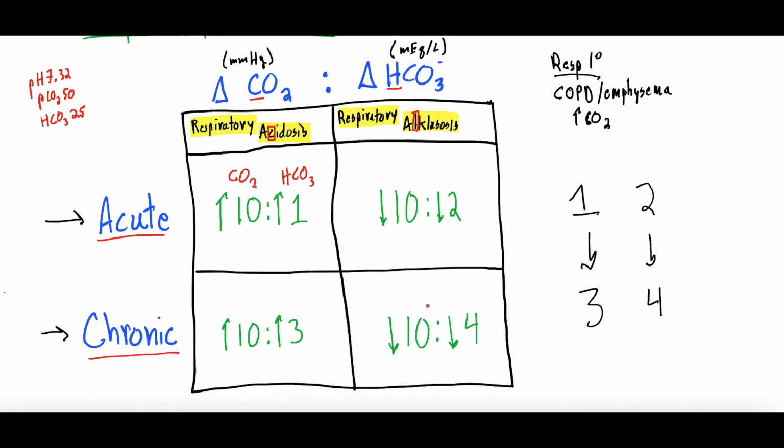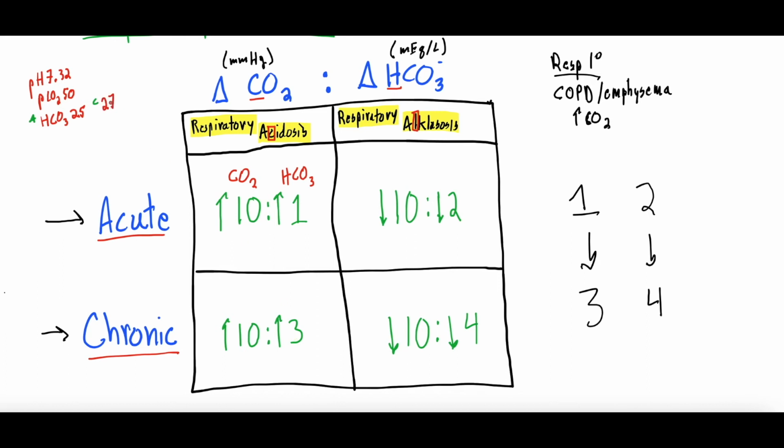All right. Similarly, that's acute. If you have a chronic respiratory acidosis, let's do the same thing. We're going to put a little A here because this is the bicarb that would be there for acute. If you have a chronic respiratory acidosis, for every increase of 10 in the carbon dioxide level, you'd have an increase of 3 in the bicarb.